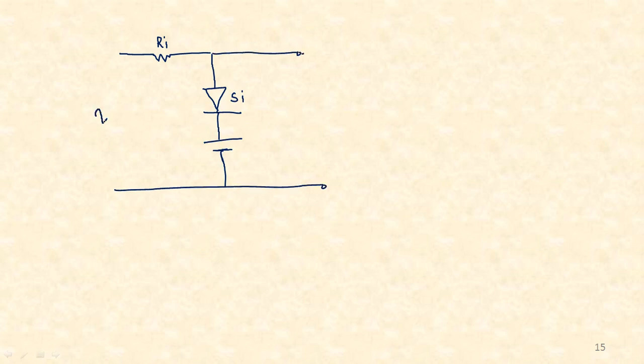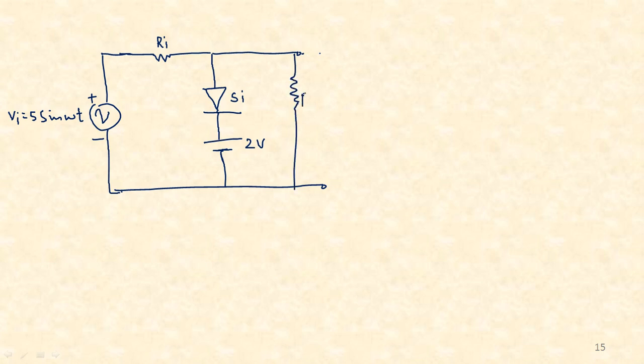The same input signal is applied, plus minus with the same voltage levels, and this is a 2 volt battery. And there is a load resistance RL in parallel to it, plus minus, and the output is across here.